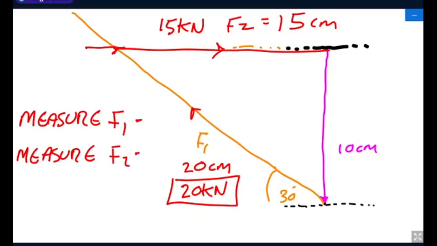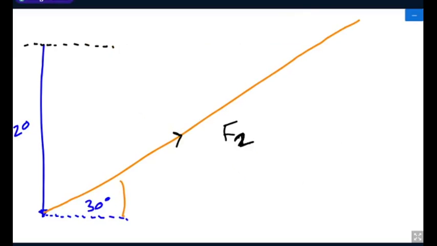So just like we did on that one, you would then get a line, dotted in line with that. You're going to close it, and then you would just draw that. And that would be F1.